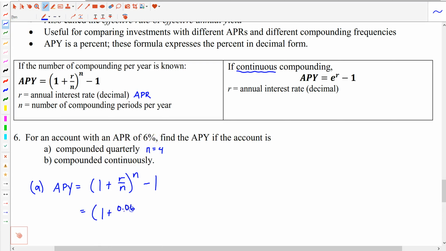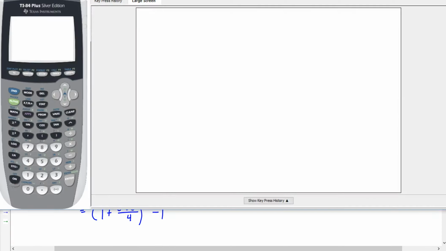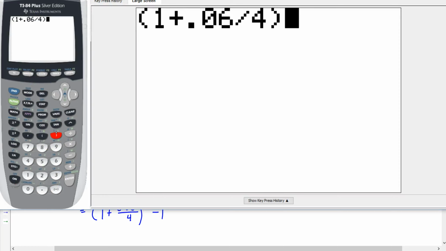As a decimal, it's 0.06. My value for n in this example is 4, raised to the 4th power, and then minus 1. So let's key this into our calculator. I would have parentheses 1 plus 0.06 divided by 4, close the parentheses, raise this to the 4th power, and then hit minus 1.